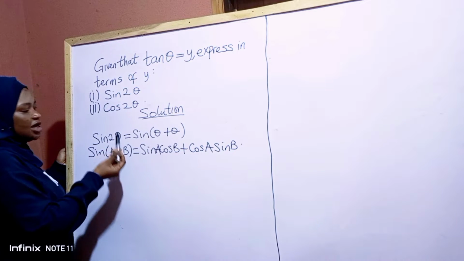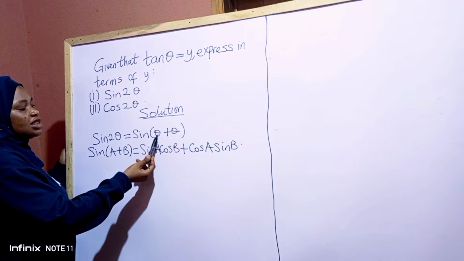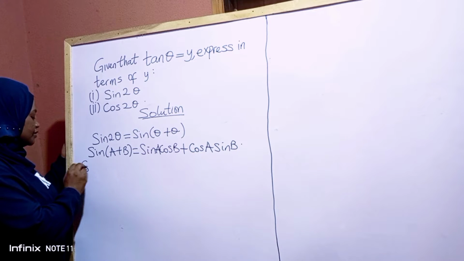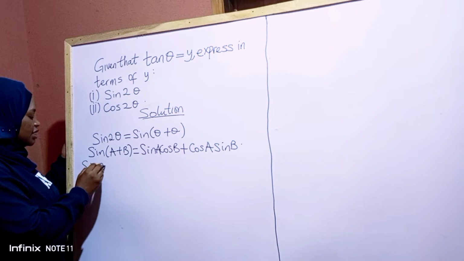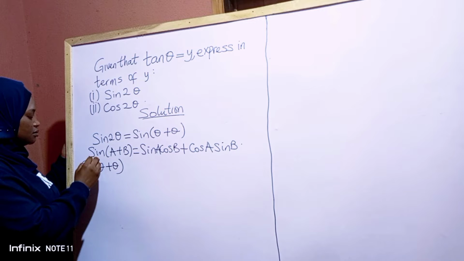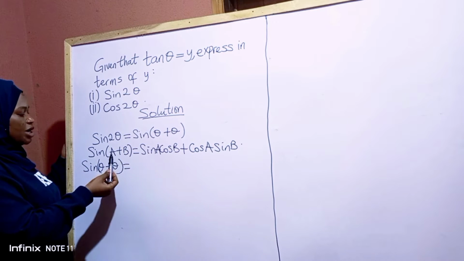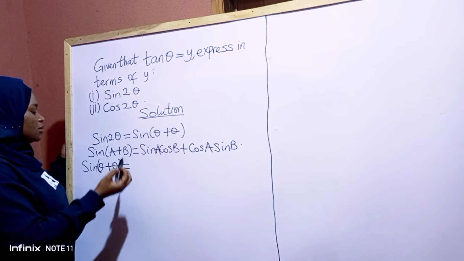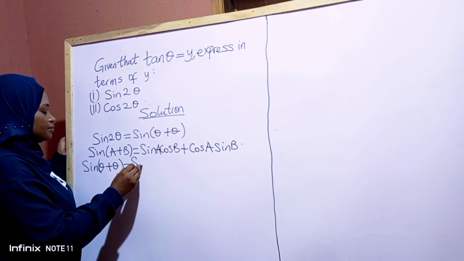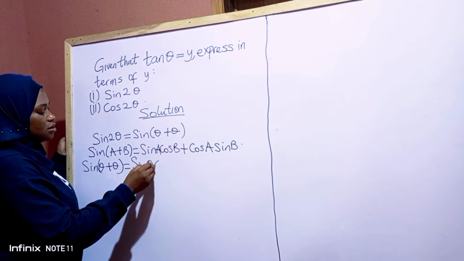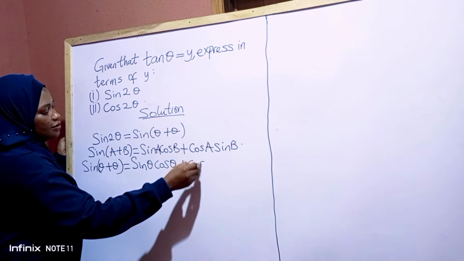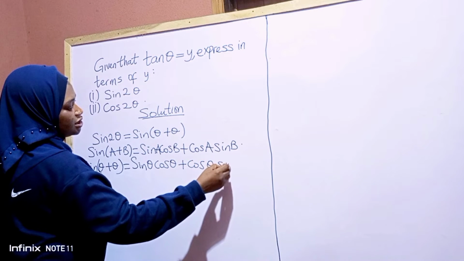So sine 2 theta is the same thing as sine (theta plus theta). So from here we can now say that sine (theta plus theta) will be equal to, anywhere I see A, anywhere I see B, I'm going to put theta there. So I have sine theta cos theta plus cos theta sine theta.